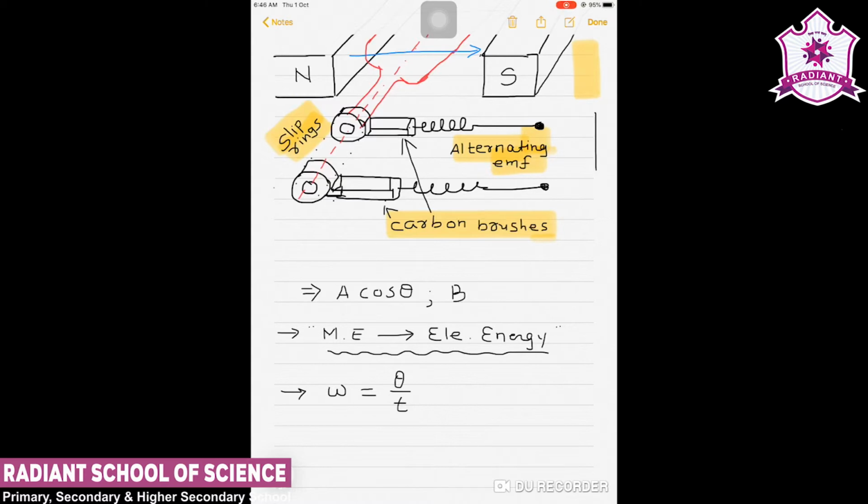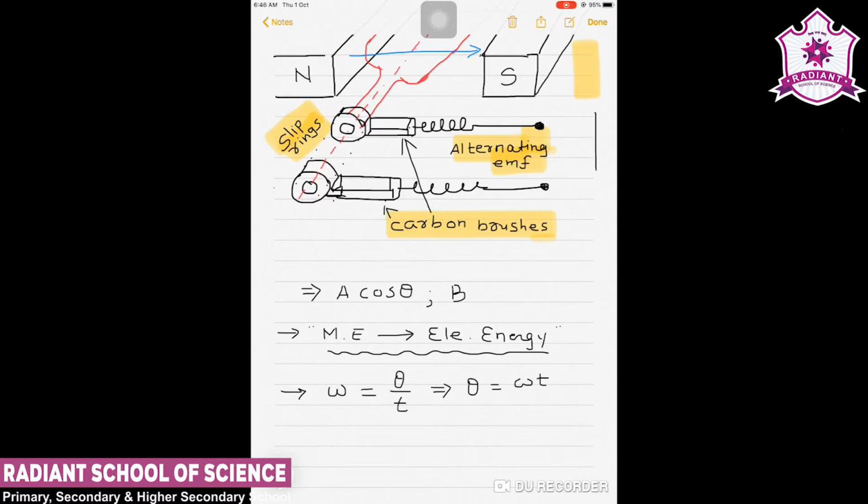This is called angular speed in terms of angular displacement. Now we have theta as the subject. Here theta is the angle between A and B. So if we make theta the subject, we get theta equals omega into t.